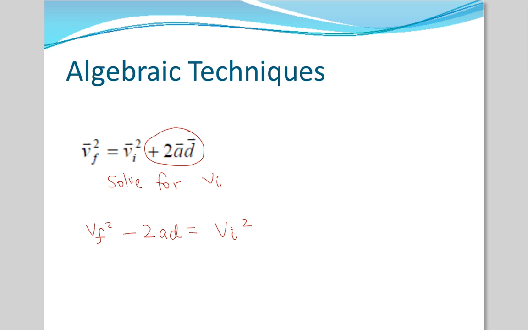You've been trained to use a square root for that, probably from the Pythagorean theorem in junior high math. So yeah, you would want to go square root. And there are little invisible brackets in there saying that you need to calculate VF squared take away 2AD and then do the square root of the result.